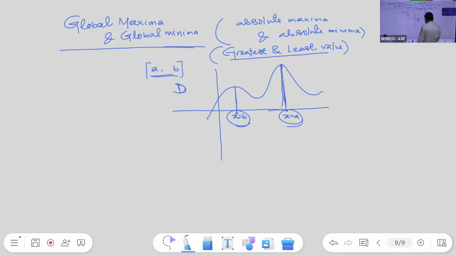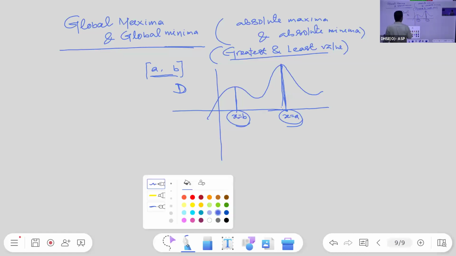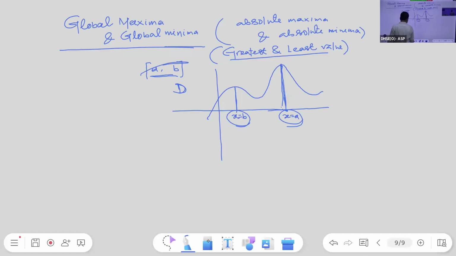And the question is how to find the point of global maximum and global maximum value or global minimum value, local maximum value, local minimum value.